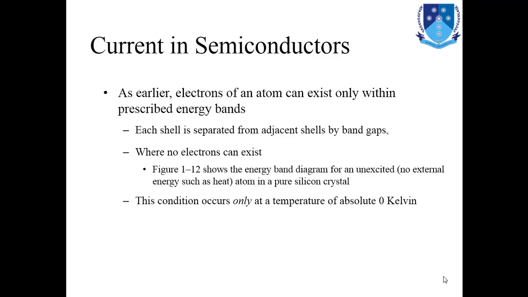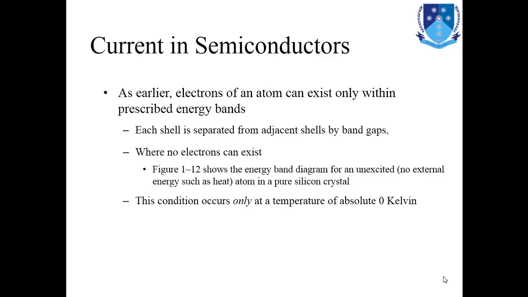Each shell is separated from adjacent shells by some sort of band gaps. Remember that there is no electron in these band gaps, means that electrons cannot exist in these band gaps.